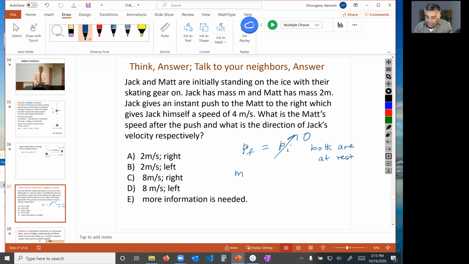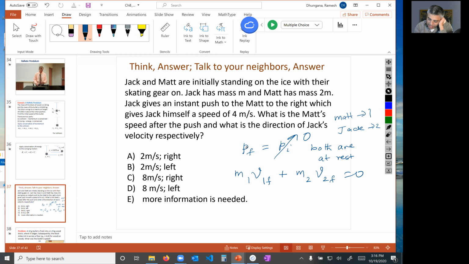So this is going to be, let's say, Matt is 1 and Jack is 2. So that means mass of Matt times the speed of Matt, which is final, plus mass 2 and speed 2 final must be equal to 0, right?